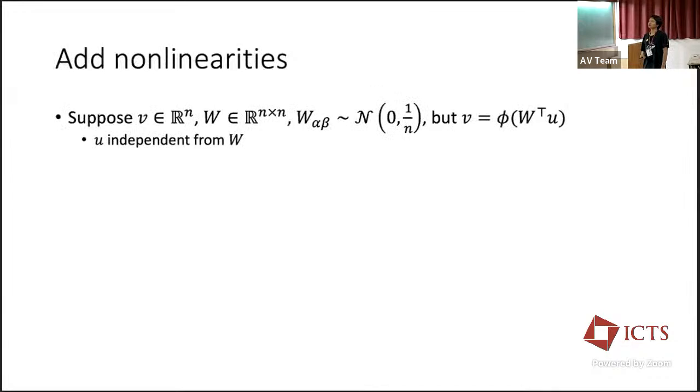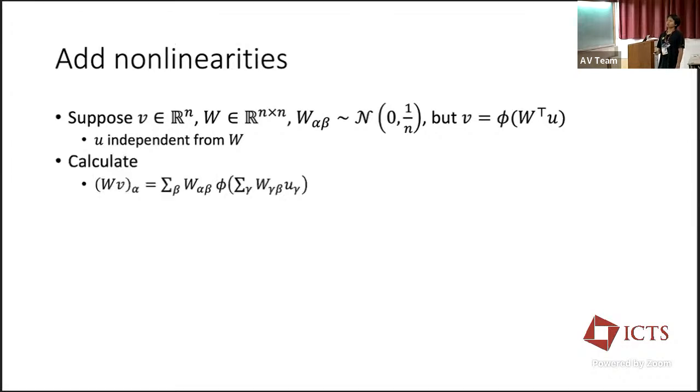All right. So now let's add some complexity to it. We've been just focusing on linear networks for simplicity, but let's be a bit more realistic. So suppose now V is not W transpose times U, but you wrap it around with the nonlinearity phi. And again, U is independent from W. So now what happens?